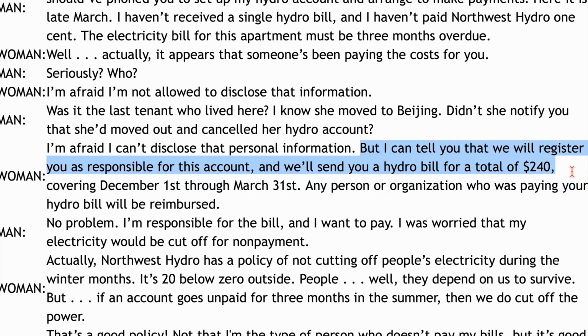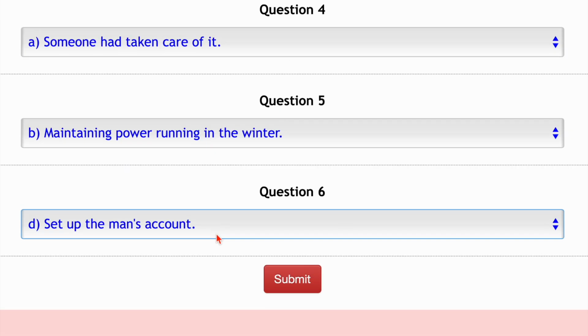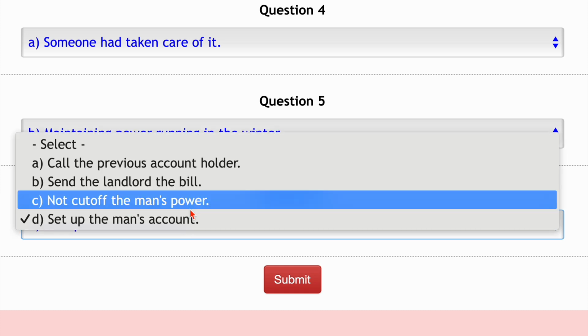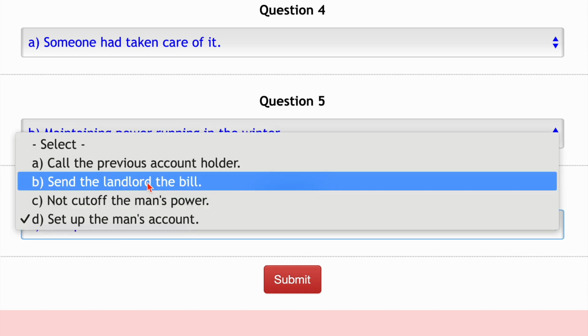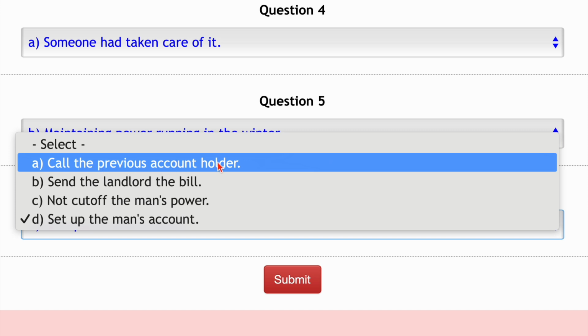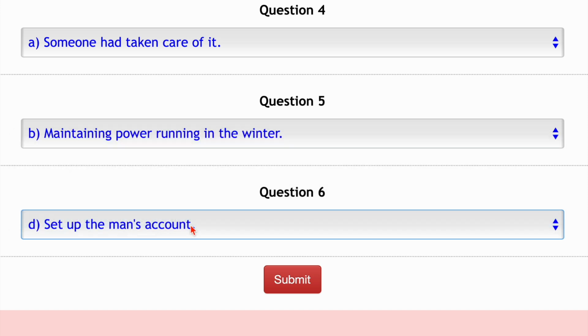But I can tell you that we will register you as responsible for this account and we'll send you a hydro bill for a total of $240. Okay, so they probably, when she finishes this conversation, she's going to register him in the account or set up the account. Not cut the power off or landlord, or not call the previous account holder. This one is better here.